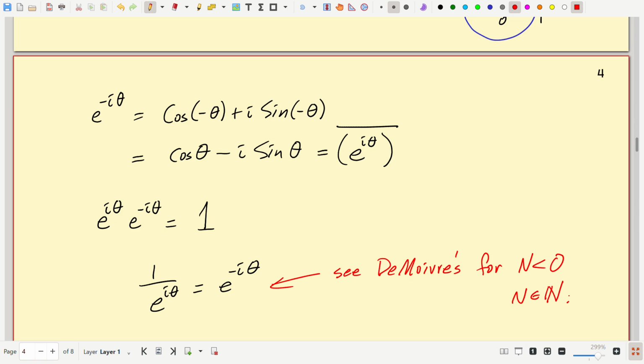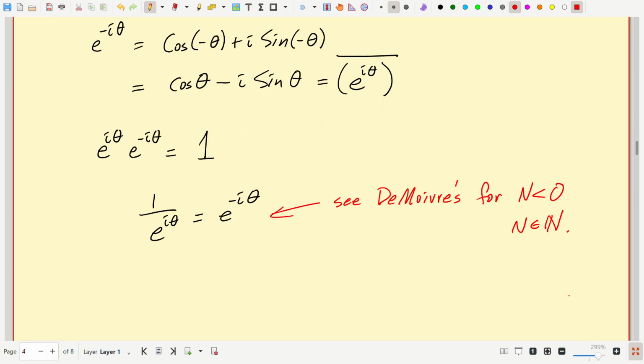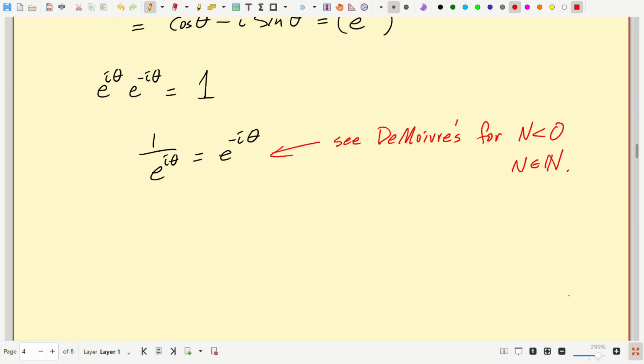Okay, now I'm going to finally do something. Questions about anything? I'm going to find some complex roots. And the complex exponential is very useful for that. Well, let's see.